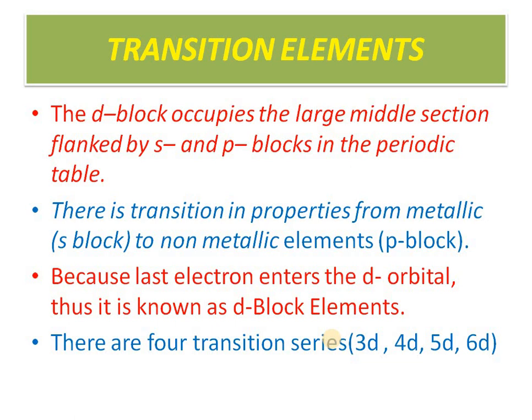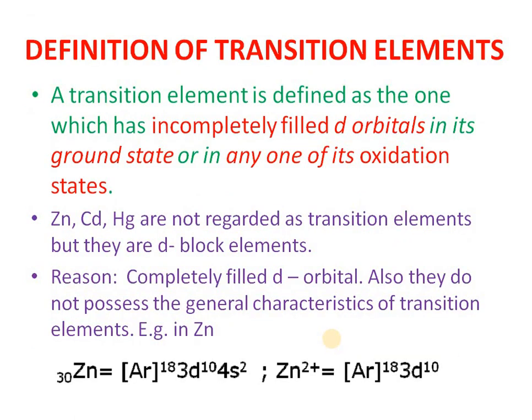And because the last electron enters the D subshell, D orbital, they are known as D block elements. Here there are 4 transition series: 3d, 4d, 5d, 6d. As you know, there are 5 d orbitals in a subshell. One orbital can have a maximum of 2 electrons, so 5 into 2 is 10. So each series has 10 elements.